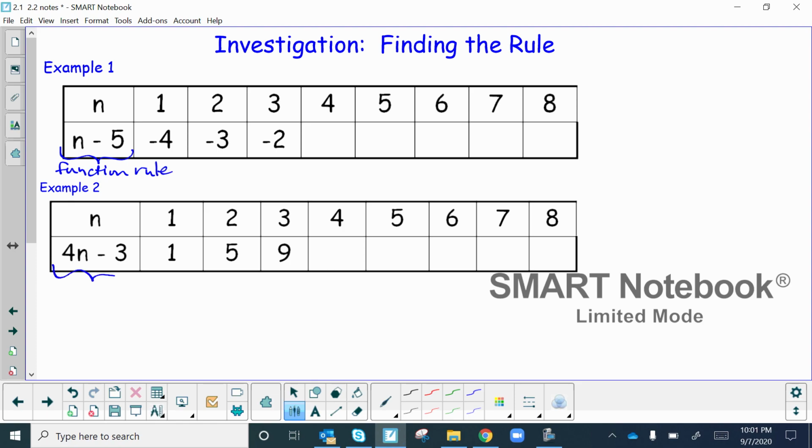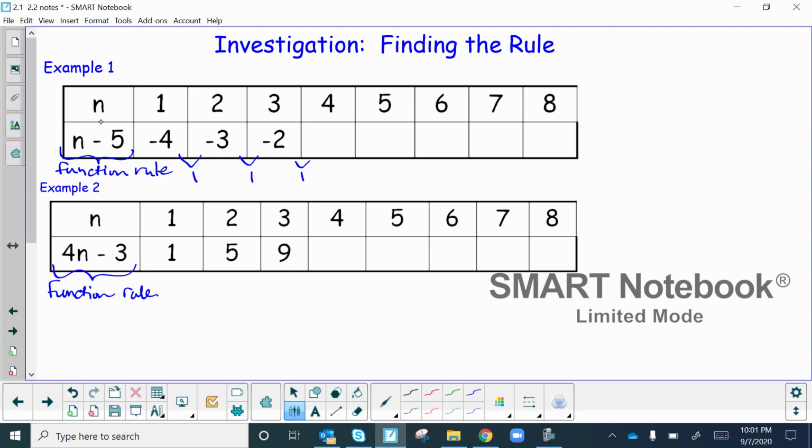Same thing here. This is our function rule. These are pretty easy function rules that I think you remember from Algebra 1. And then we have a table here and we just have to fill out the pattern. All we need to do is investigate what's happening here. This clearly looks like it is going up 1. So if it went up 1 these two times, that's going to be the same pattern.